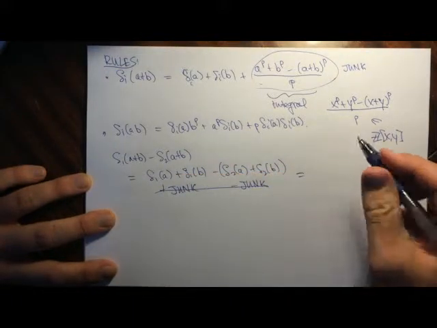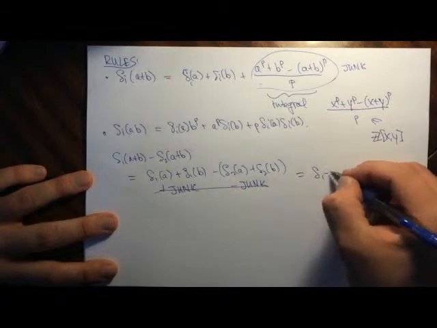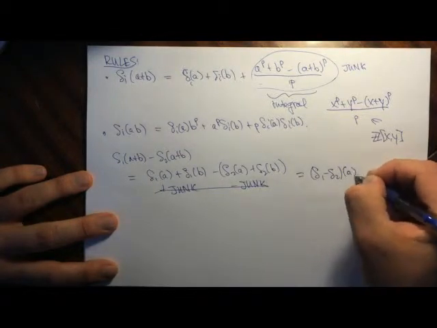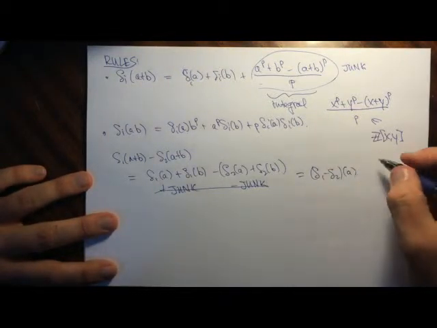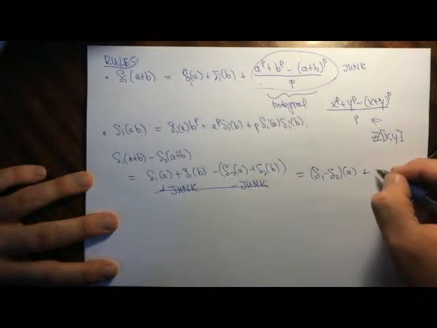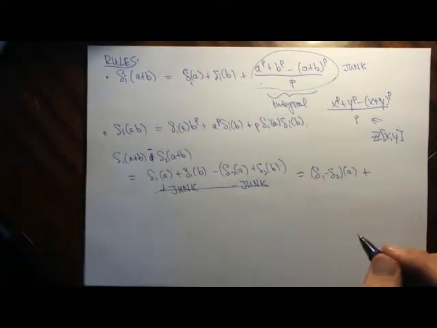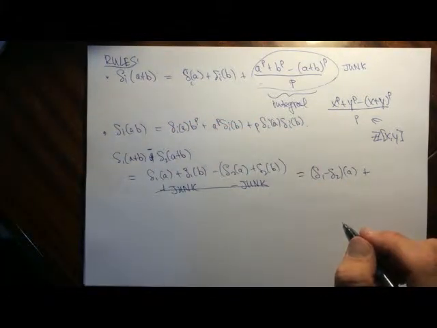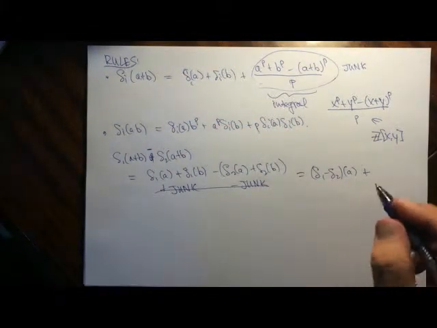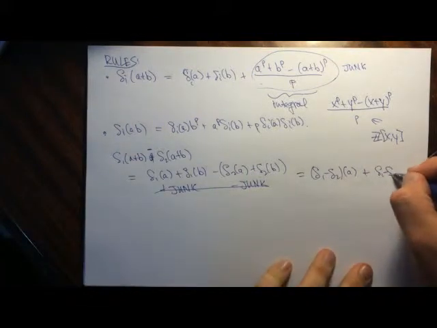So this is just going to give us delta 1 minus delta 2 of a, pointwise, plus delta 1 minus delta 2 of b.